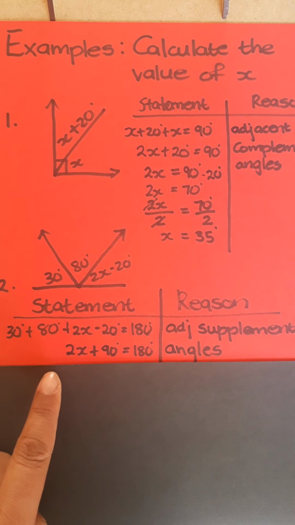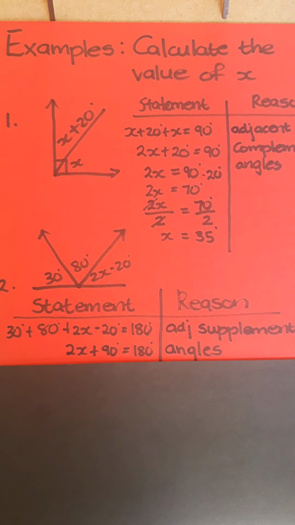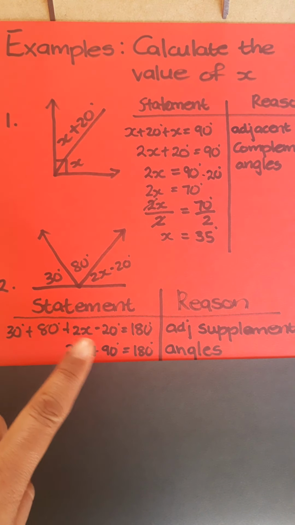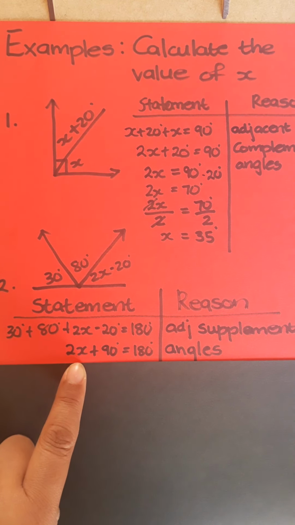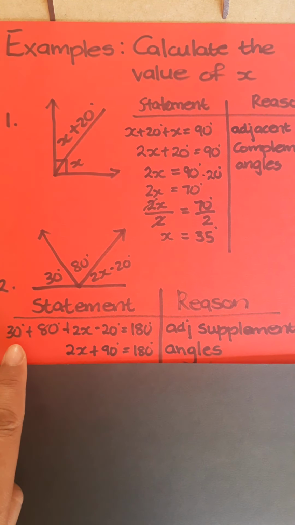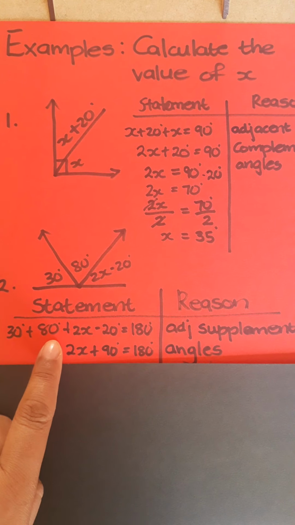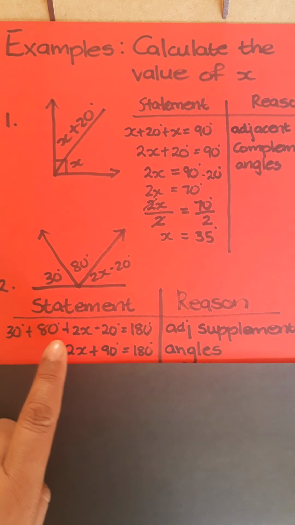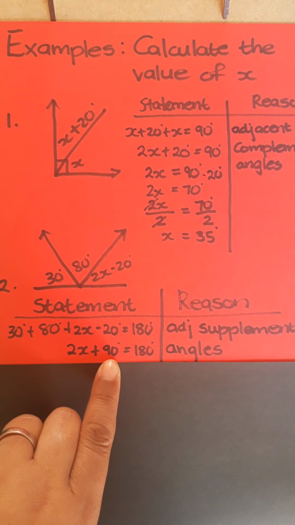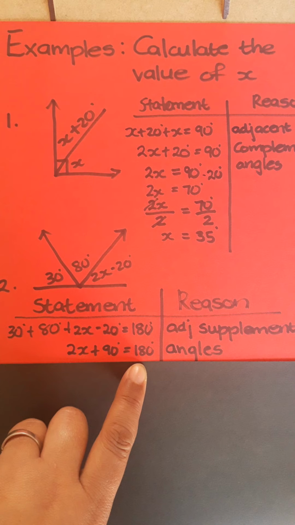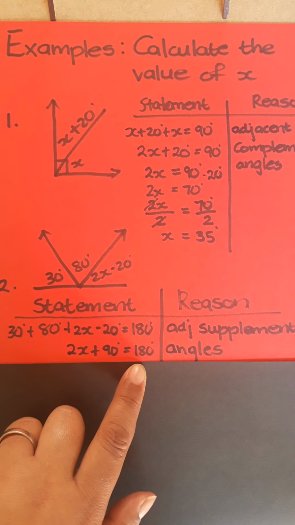But for this, we now need to add our like terms. There's no other x on the left-hand side, so it remains 2x. But let's look at what happens to the angles. 30 degrees plus 80 is 110 degrees. 110 degrees minus 20 degrees is 90 degrees, which is equal to 180 degrees.